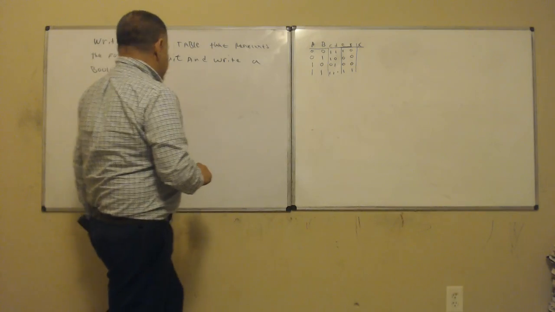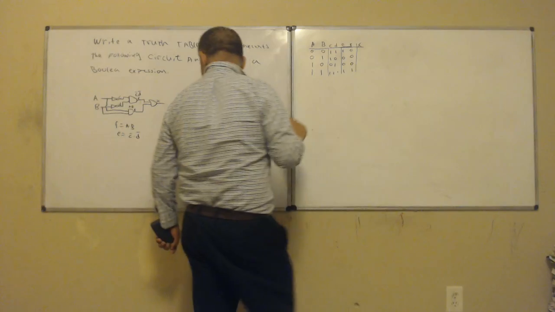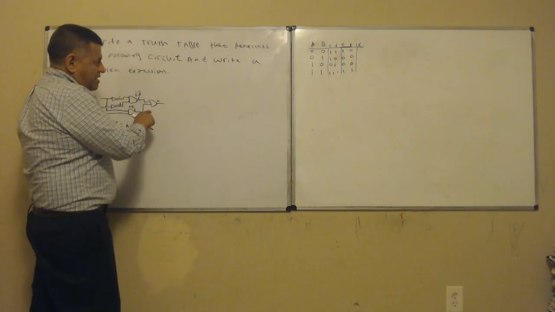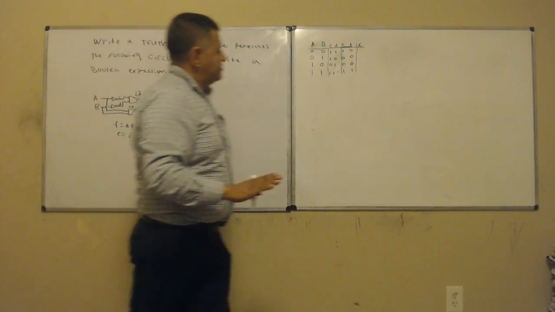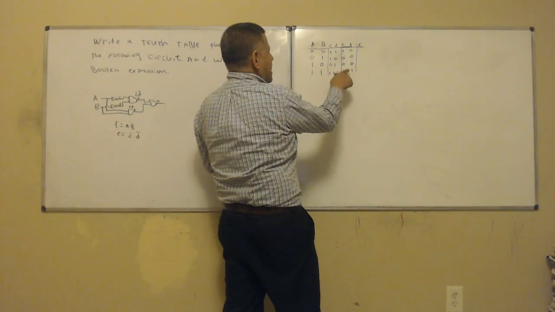So with that being said, now we have the following. So we have an OR gate. The value coming in over here is going to depend on E and F, right?